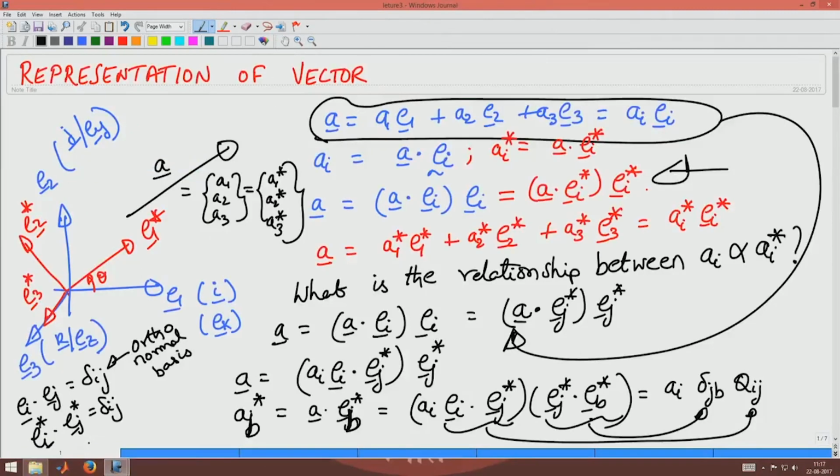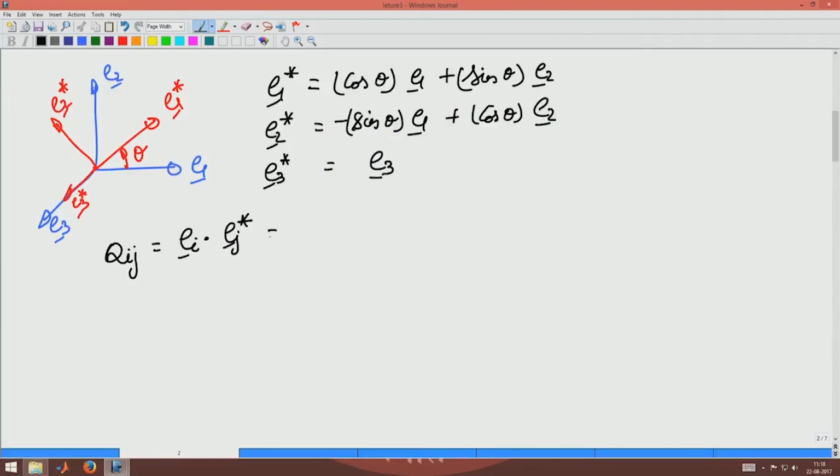Going back to the equation, you can see that Qij is EI dot EJ star, right. So, you want to write what this matrix Qij is. Okay. So, it will be E1 dotted with E1 star, E1 dotted with E2 star, E1 dotted with E3 star.